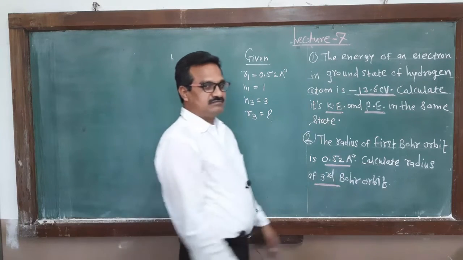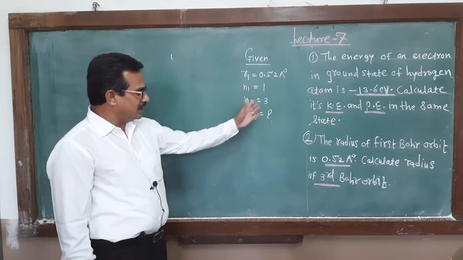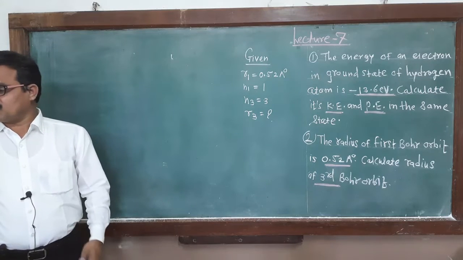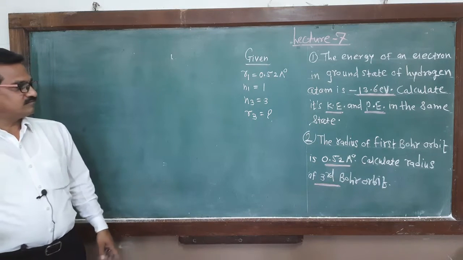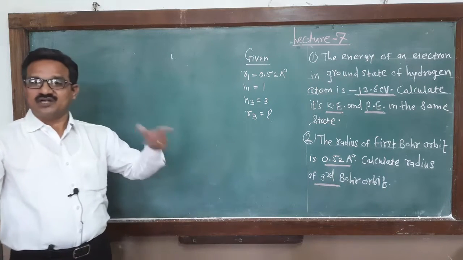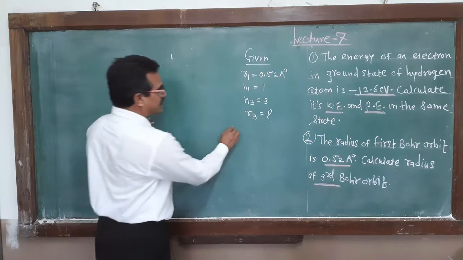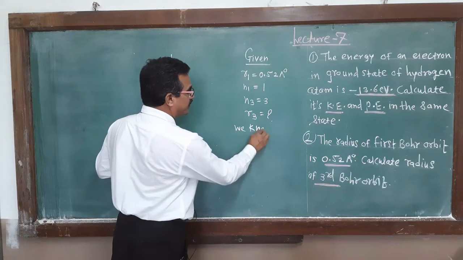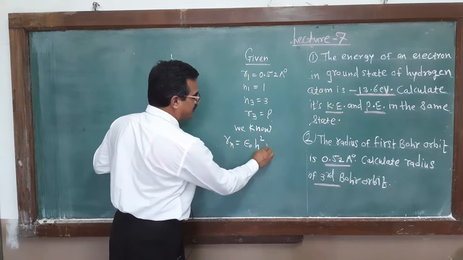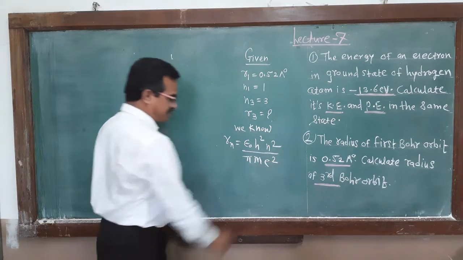What is given? The radius of the first orbit is given, and we want to find the radius in the third orbit. Again, we know the formula for the radius of the electron in the hydrogen atom: rn is equal to epsilon 0 h square n square divided by pi m e square.